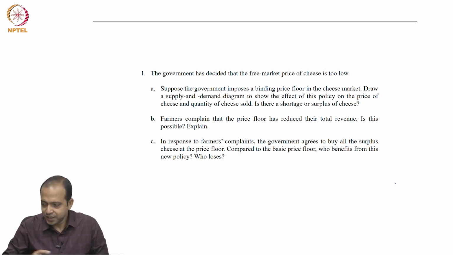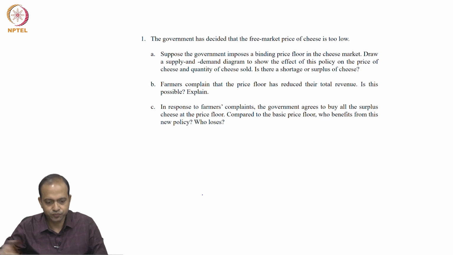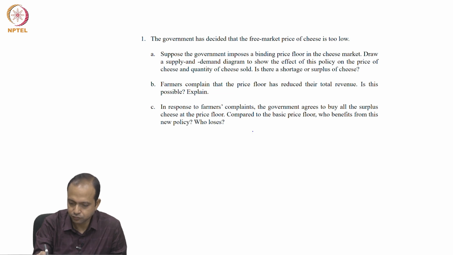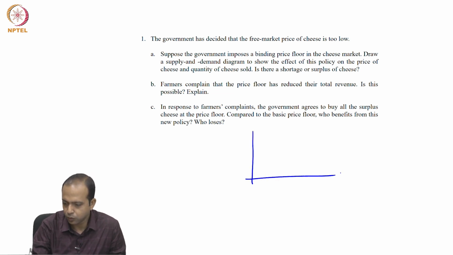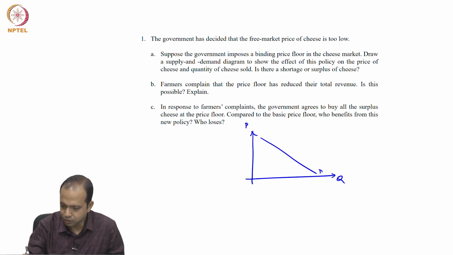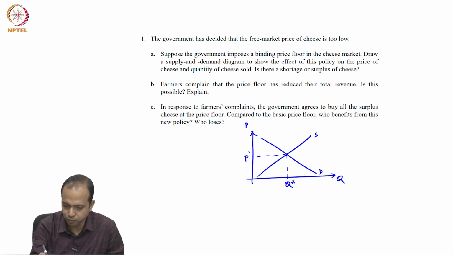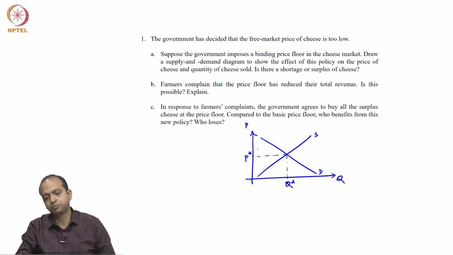So, to understand this, let us first draw the demand and supply. Let us say that this is demand and this is supply and this is equilibrium quantity and this is equilibrium price.